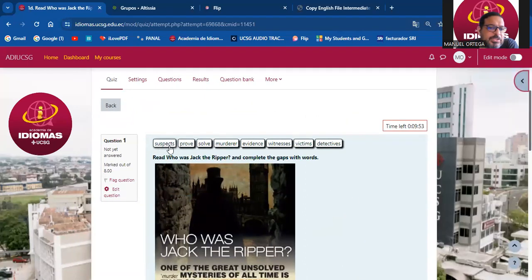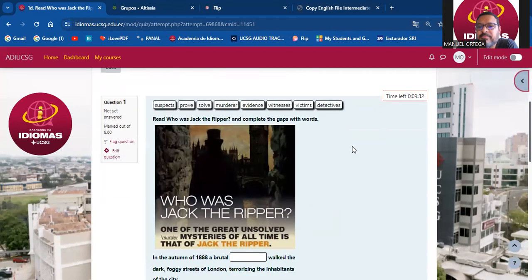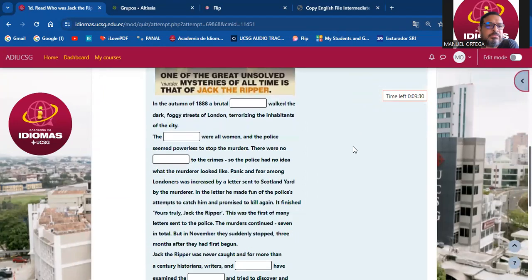Suspects, sospechosos; prove, probar; solve, resolver; murderer, asesino; evidence, evidencia; witnesses, testigos; victims, víctimas; and detectives, the same word, right? Detectives. So let's see what we get.